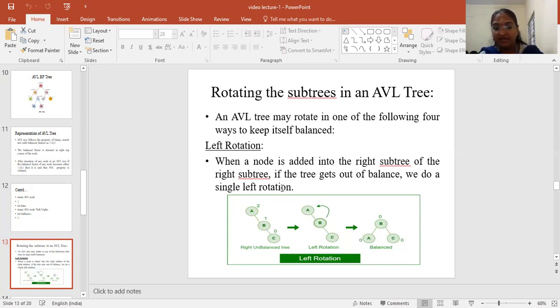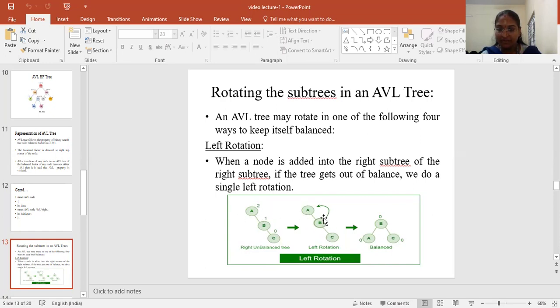Here, A is acting as a root node, and B and C are acting as child nodes. These are connected at the right side. On the left side, there are empty nodes. Now, when you calculate the balance factor, it is unbalanced. So to balance this, you have to take the rotation.